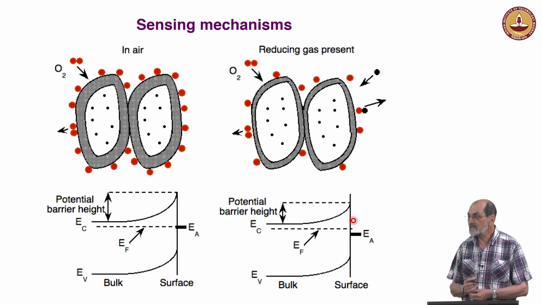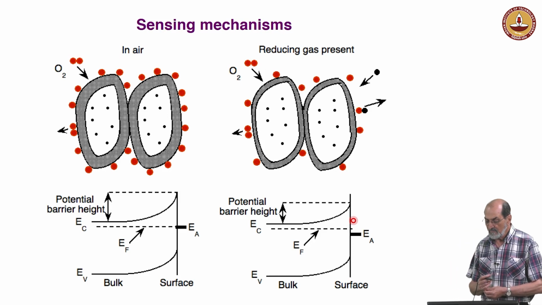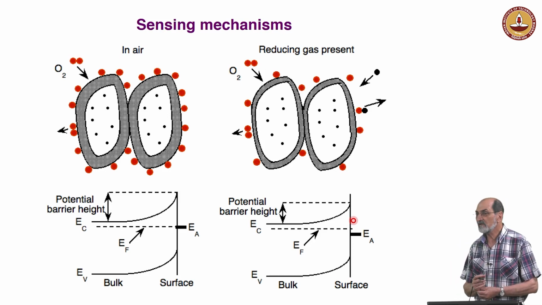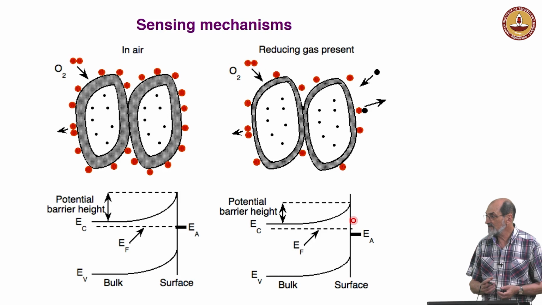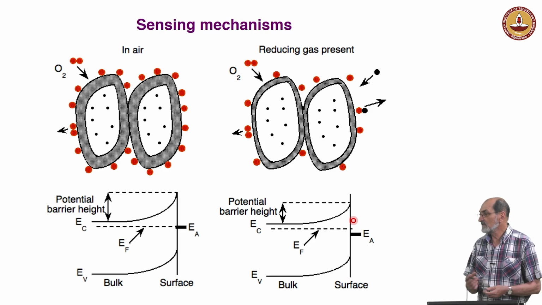So for these devices to work, they typically have to be at 300 C. But people are looking for some semiconductor that works at lower temperature. The lower the temperature, the better. And if it works at room temperature, it would be great. We would not need a heater to keep the sensor at the right temperature.